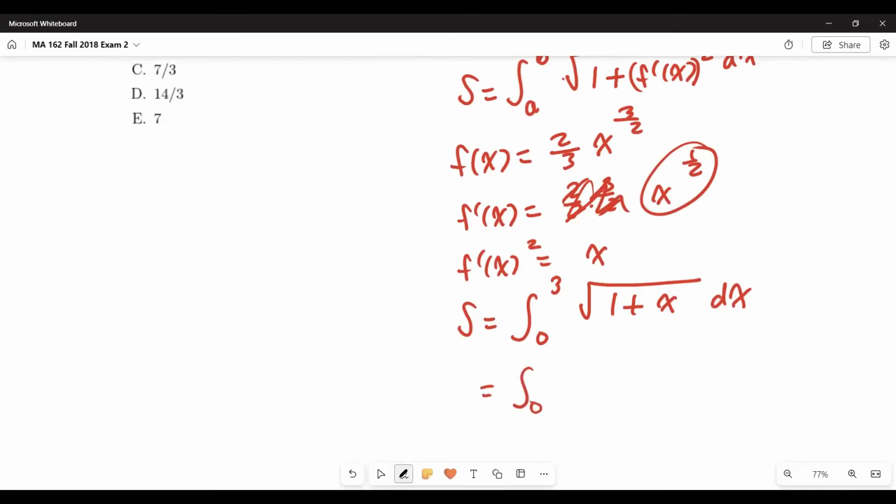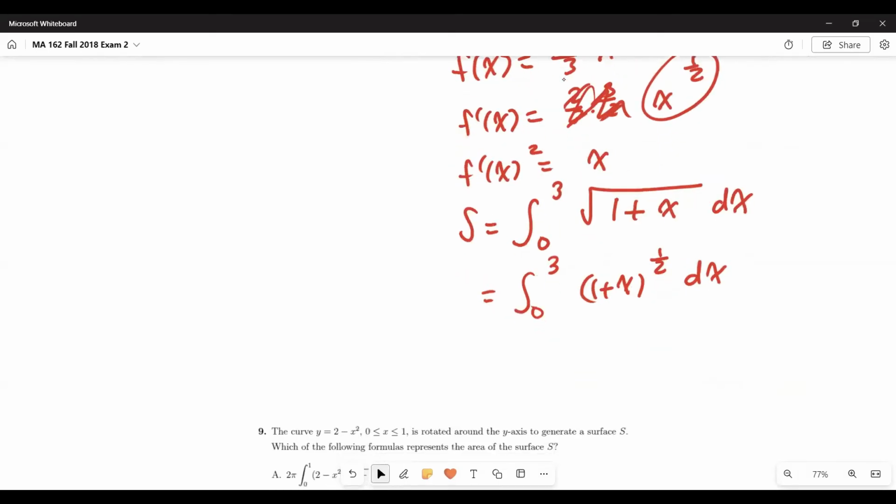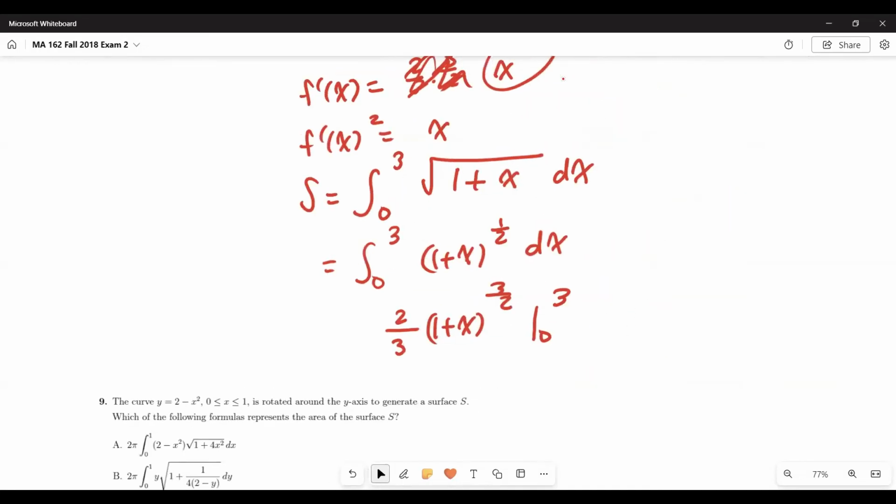This is the integral from 0 to 3 of (1 plus x) to the 1/2 dx, right? If you integrate this, this is going to be (1 plus x) to the 3 over 2, times 2 over 3, from 0 to 3. Plug in the numbers. This becomes 2 over 3 times 4 to the 3 over 2, and then minus 2 over 3 times 1 to the 3 over 2, which is just 2 over 3.